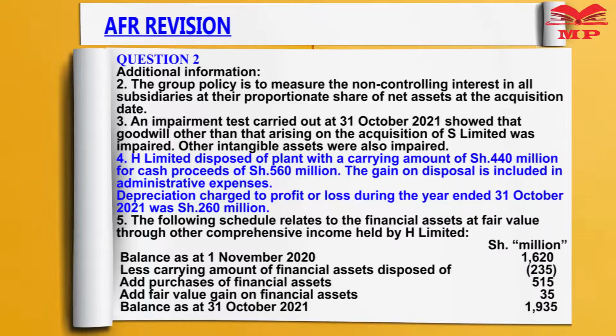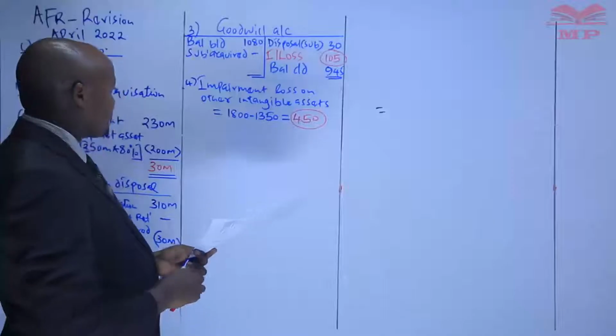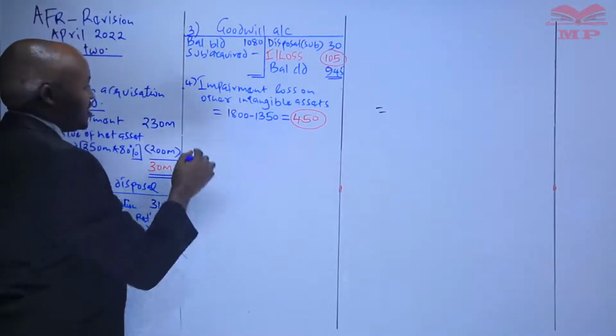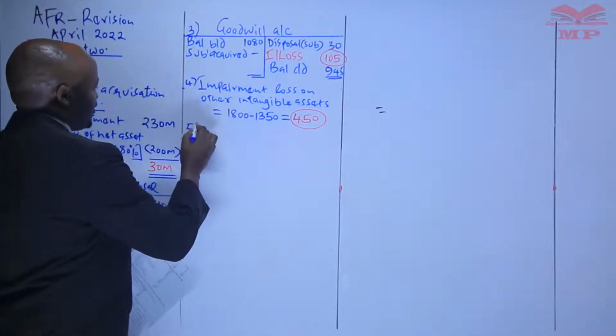Let's move to note number 4. We are told H Limited disposed of a plant with a carrying amount of 440 million for cash proceeds of 560. The gain on disposal is included as part of admin expenses. So what we need to do is determine the gain or loss on the disposal of that plant.